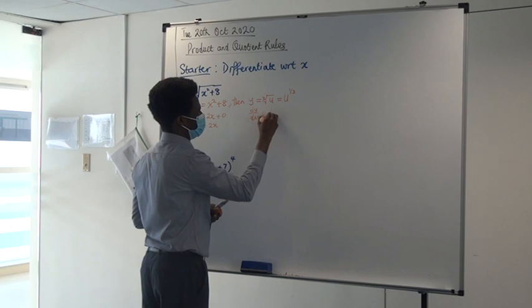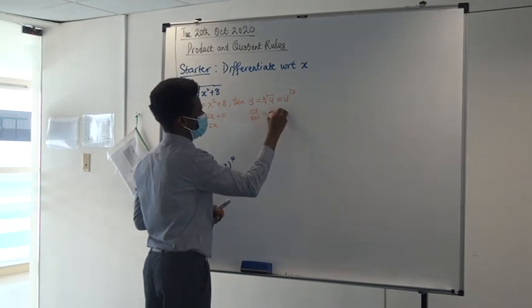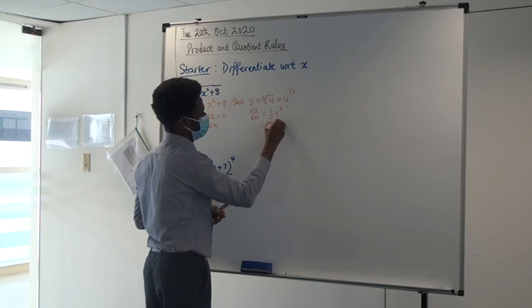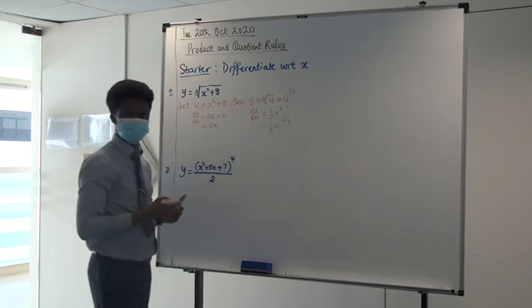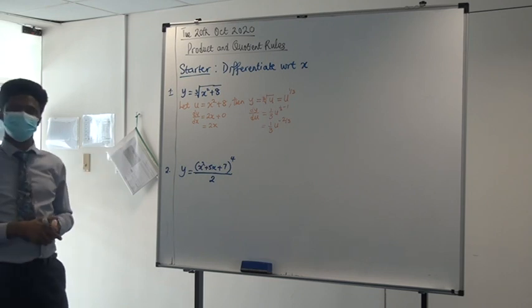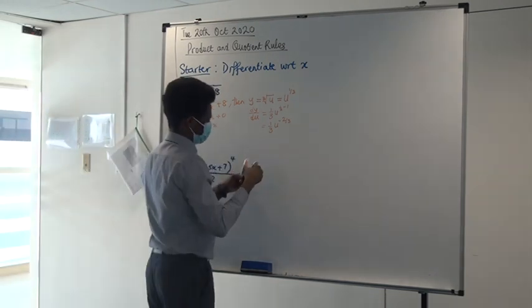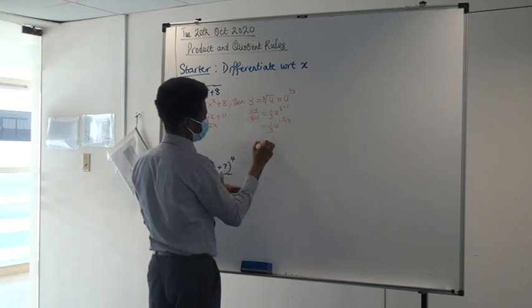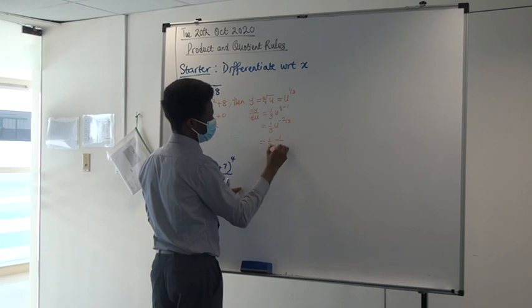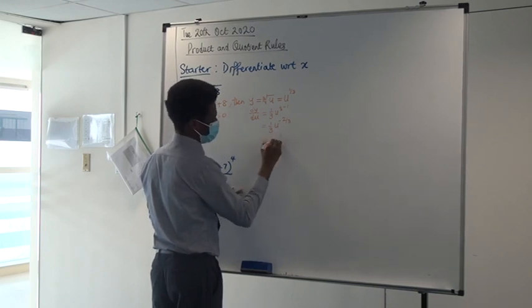And that will be 1/3 u^(1/3 - 1), which is 1/3 u^(-2/3). You can leave that first, or you can write it in simplest form immediately: 1/3 times 1 over u to the power 2/3, or 1 over 3u^(2/3).